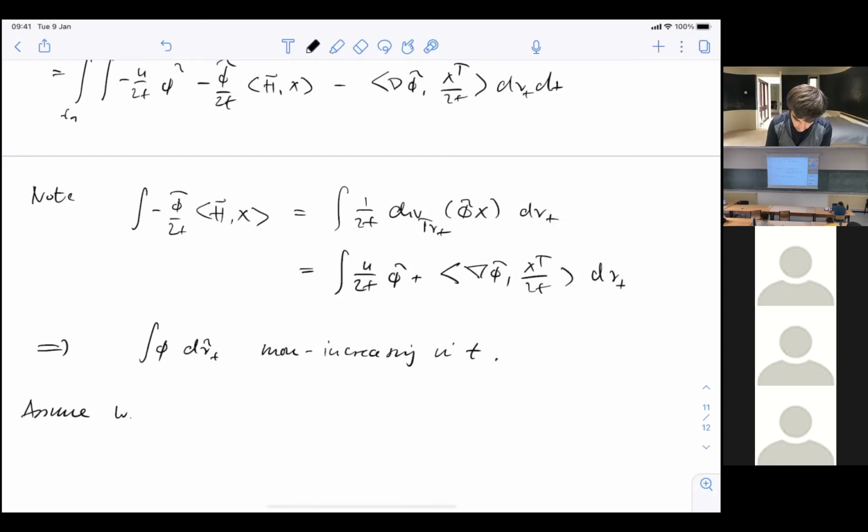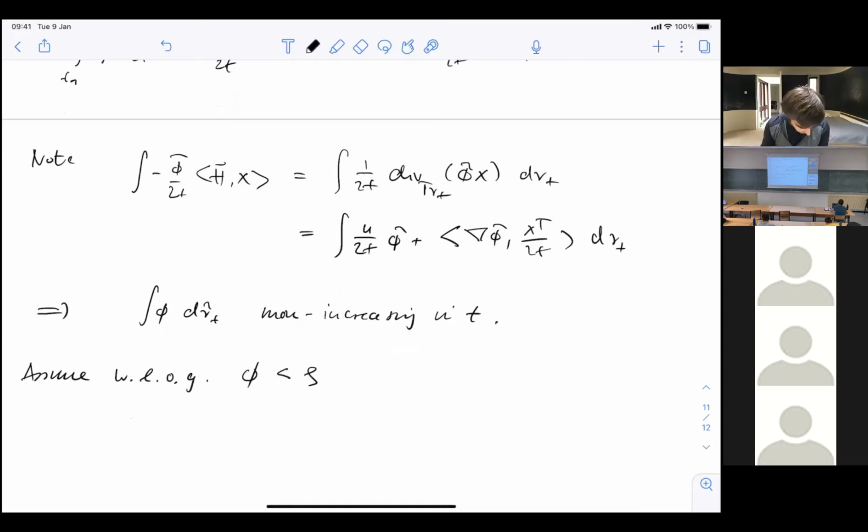So assume, just by scaling, that our test function is scaled such that it is less than the heat kernel, rho, and apply the same calculation to rho minus phi. Now this doesn't have compact support anymore, but it has exponential decay.